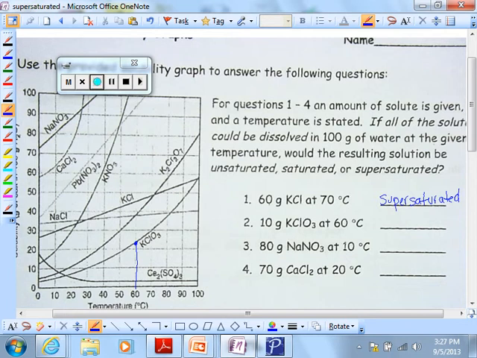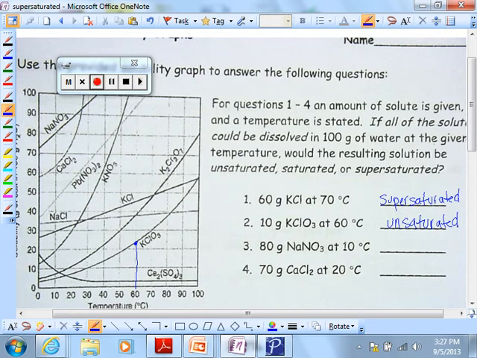That would be saturated. We're trying to dissolve only 10, so this is unsaturated. How do you read this? Okay. On the chart, where the line is, that tells you what would be saturated. So if you're above the line, you're super. If you're on the line, you're saturated. And if you're below the line, you are unsaturated.